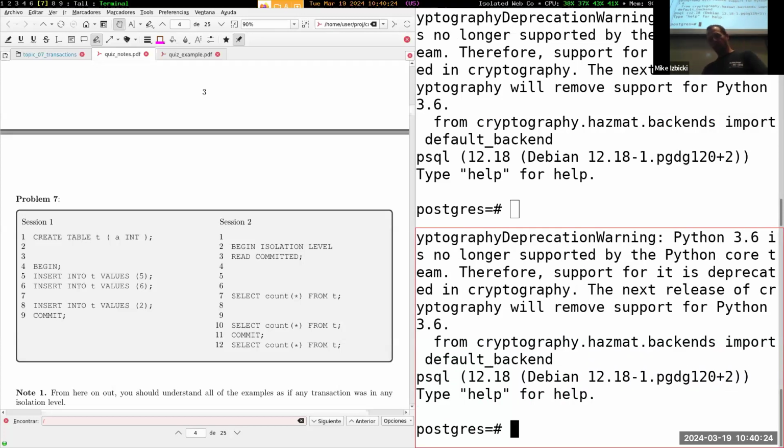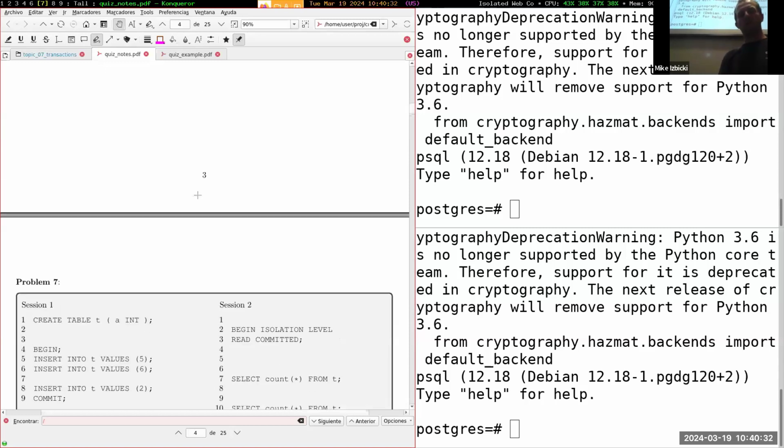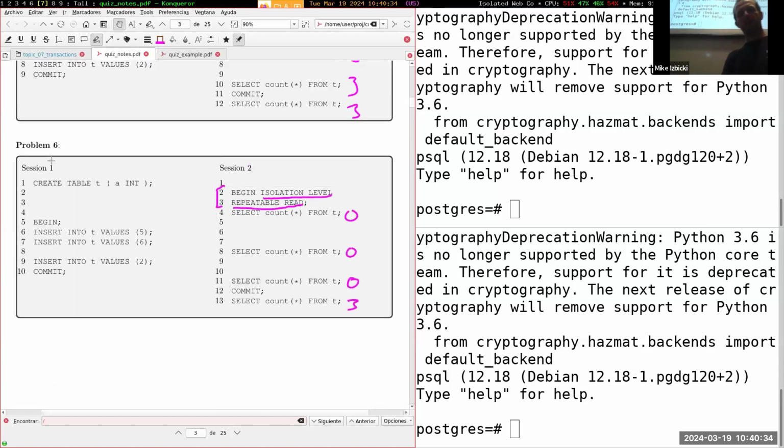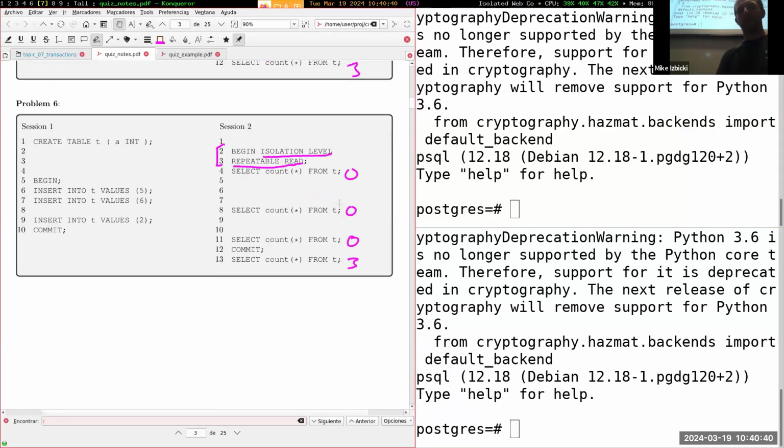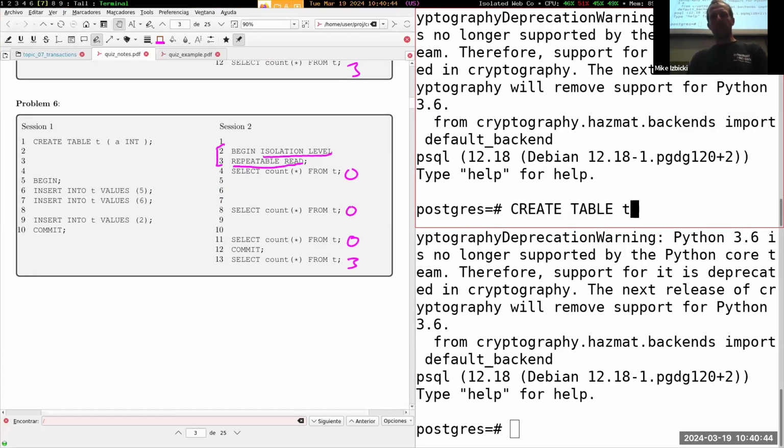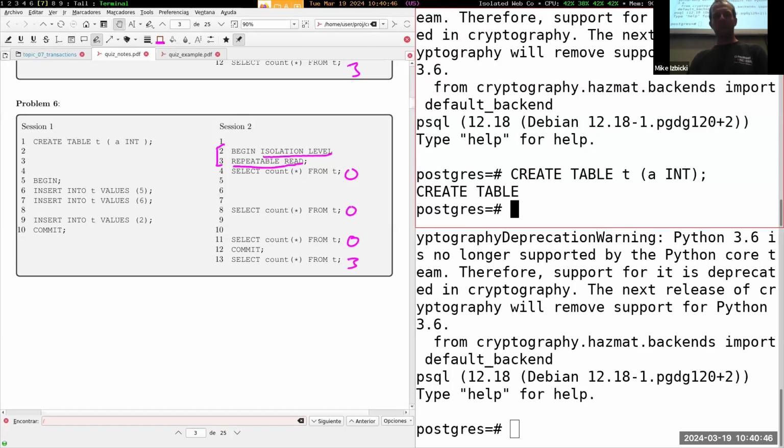And then again, the question was about the details of this repeatable read isolation level, and I'm going to do a variant of problem 7, or alternatively, think about a variant of problem 6 where we don't have line 4 right here, and we'll see what happens. I'll type my create table t a int command like this.